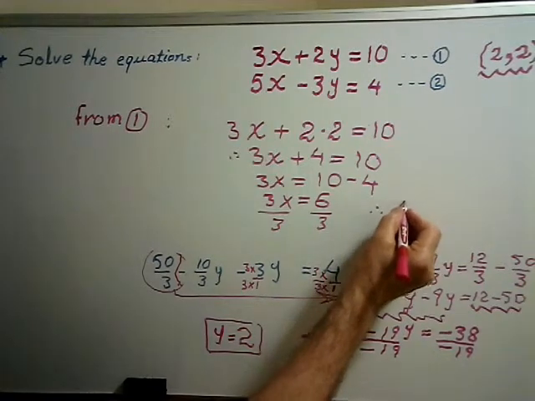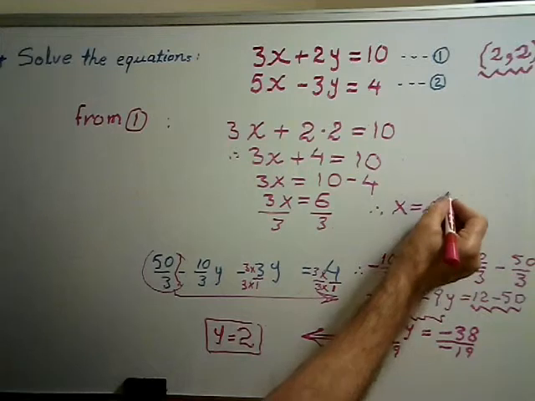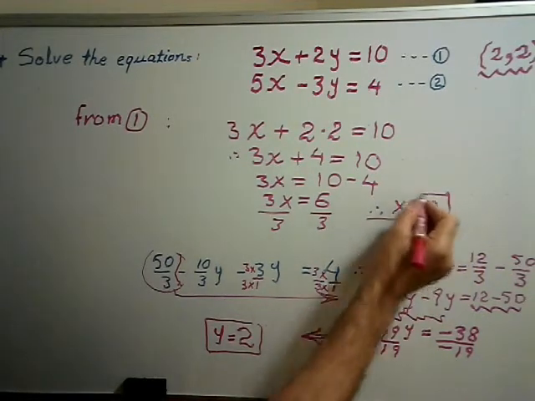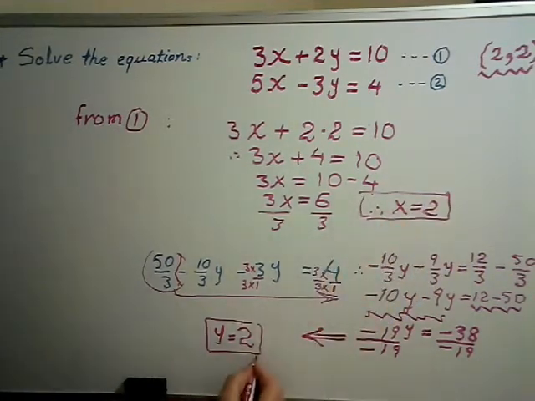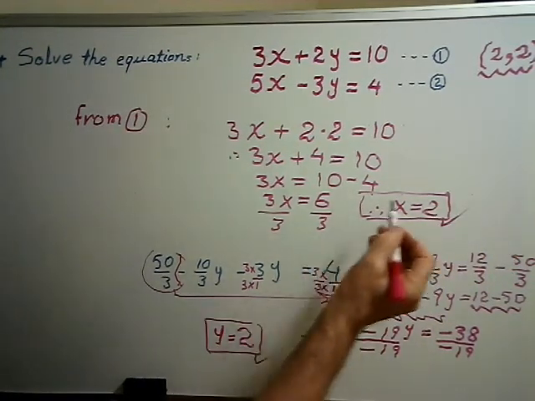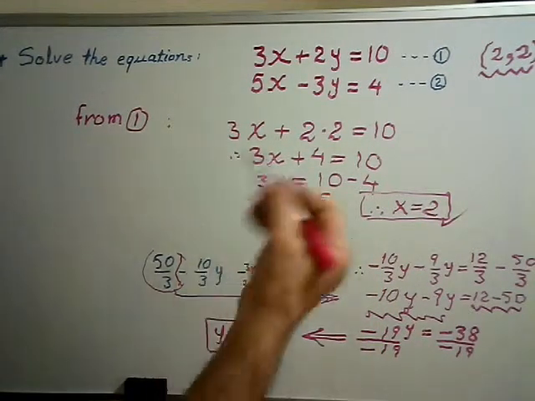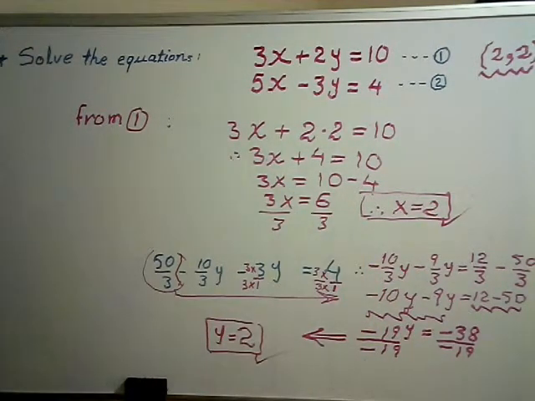X is equal to 2. So we got the value of y and the value of x. So the solution is 2 and 2, as we got in the first way of solving the problem. Okay?